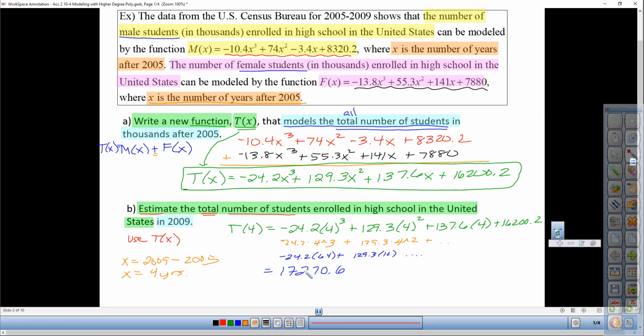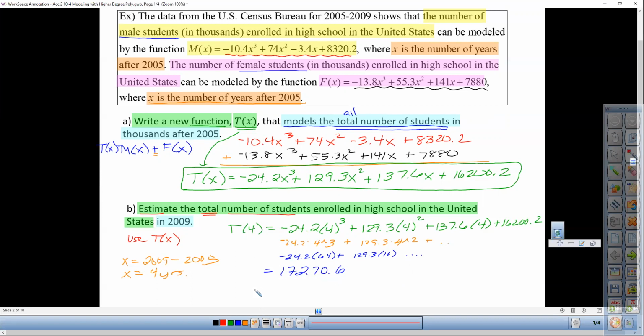Hopefully you're saying no, that seems awfully low for a situation like this, because the population of the United States is in millions, so having only 17,000 teenagers in high school doesn't make sense. So what have we forgotten, or what do we still need to do at this point?